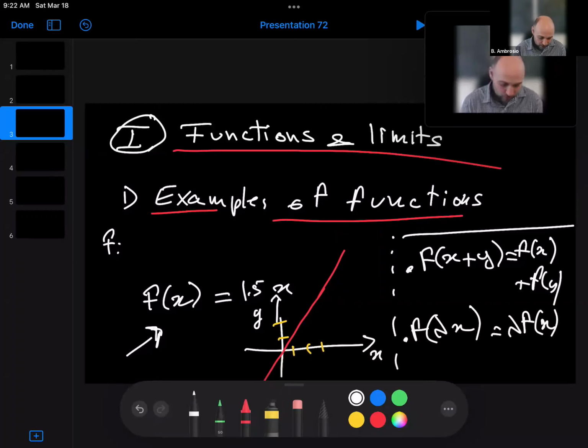So I could say D is a set of numbers included in R. We call it the domain of the function, and it associates to each number in D another number in R.